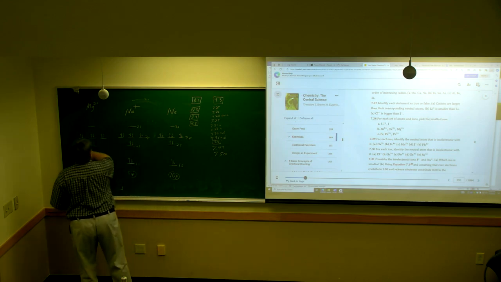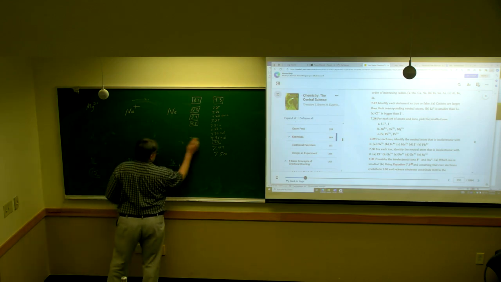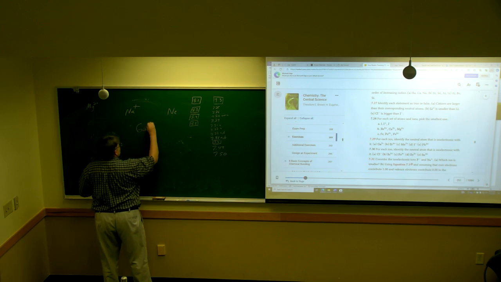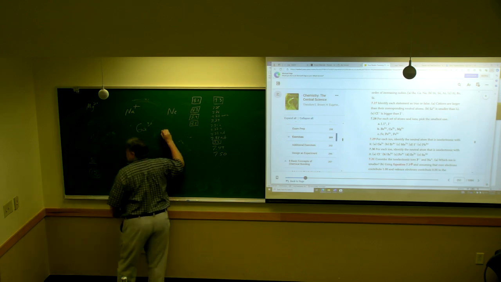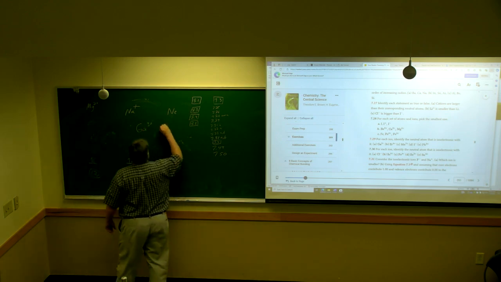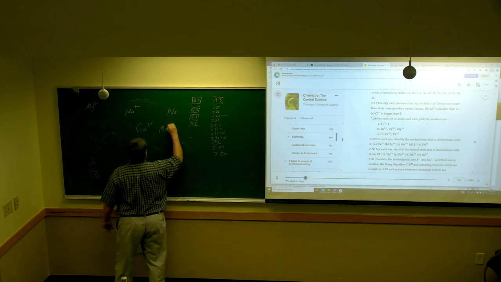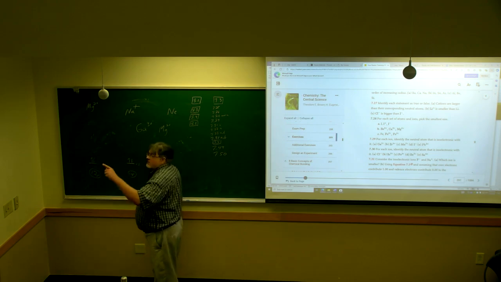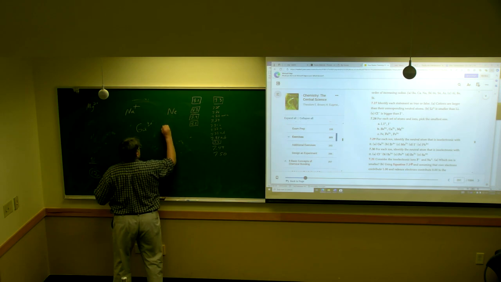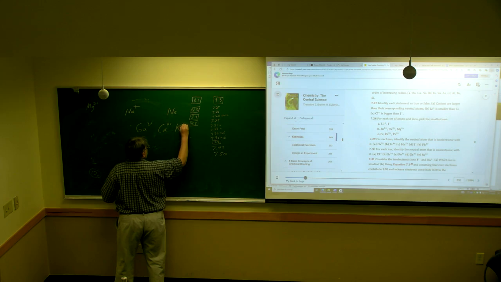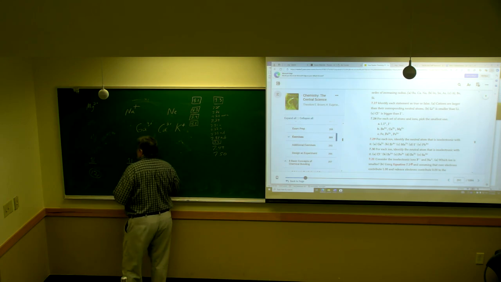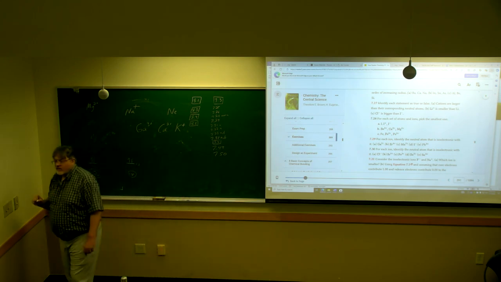Here are the 3 things that are isoelectronic. Gallium 3 plus, calcium 2 plus, potassium plus, and what would I want to put here for the neutral one, if I went one more?